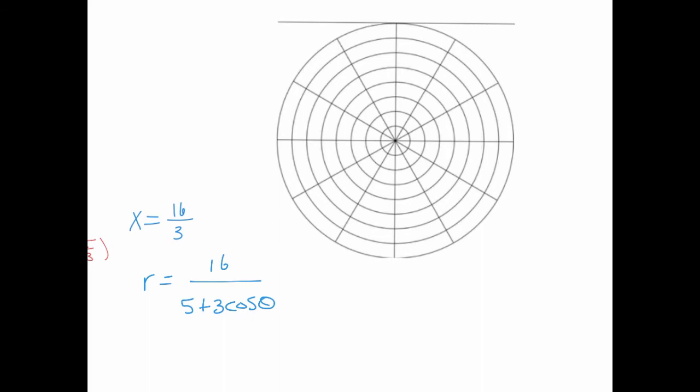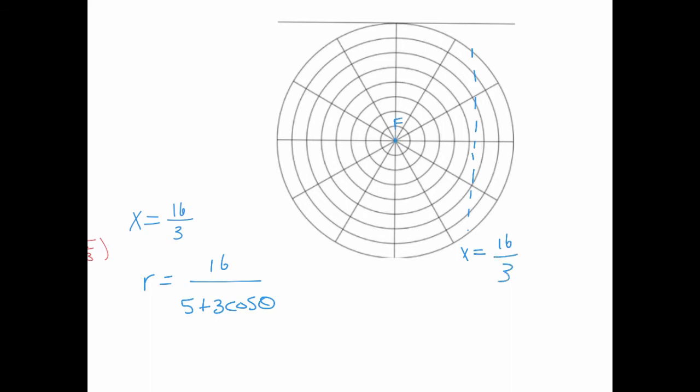So let's just first graph our directrix. That's happening at 16/3, which is a little more than 5. So 1, 2, 3, 4, 5. So somewhere around here. Again, our focus is going to be here at the pole.